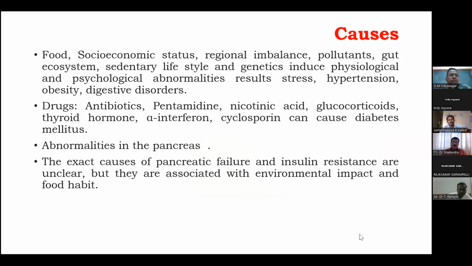Here, some of the most important causes are food, socioeconomic status, regional imbalances, pollutants, ecosystem, sedentary lifestyle, and genetics. These are the factors which induce physiological and psychological abnormalities, and that results in stress, hypertension, obesity, and digestive disorders.